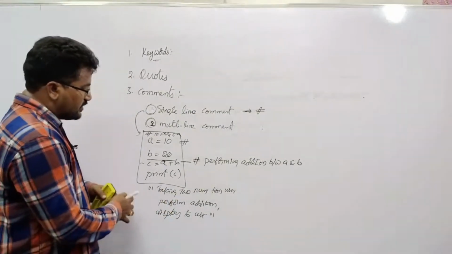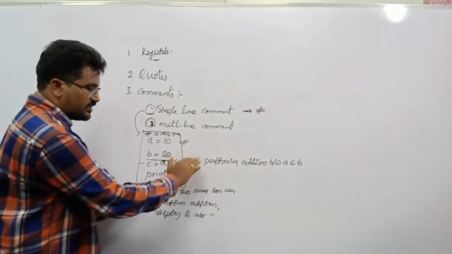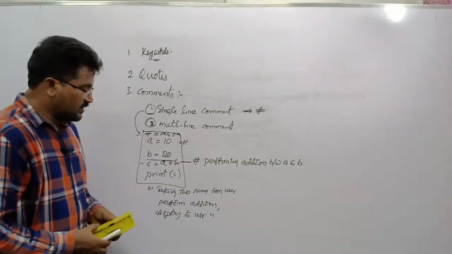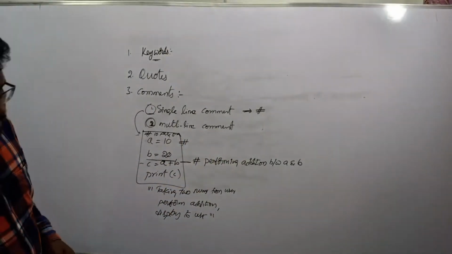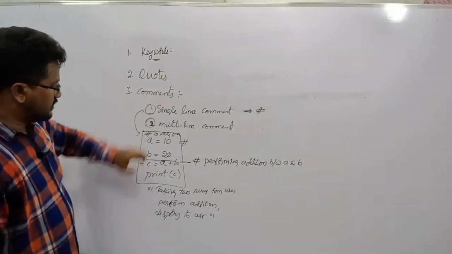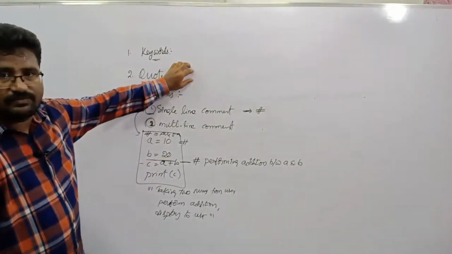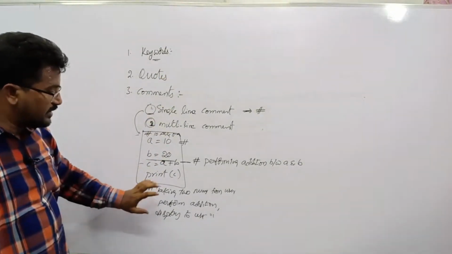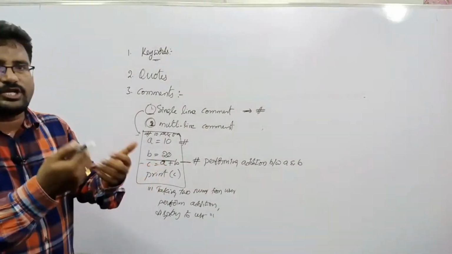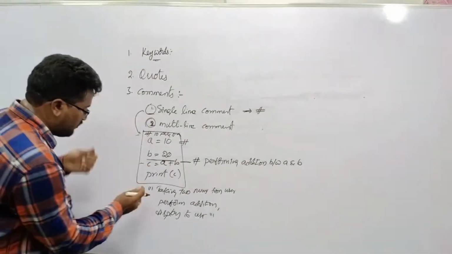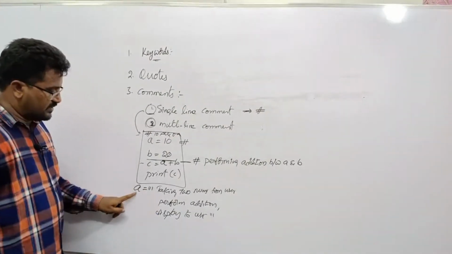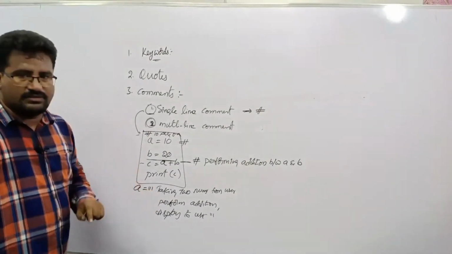Now the interpreter will not execute a single line comment or a multiple line comment. Now we have a doubt. Previously you said that triple quotes are for multiple line strings, but now we are saying it is a multiple line comment. How to identify, sir, which is a comment and which is a multiple line string? Simple. Before the quotes, if any variable assignment is there, this is a multiple line string.